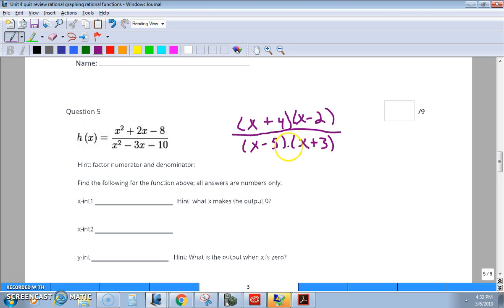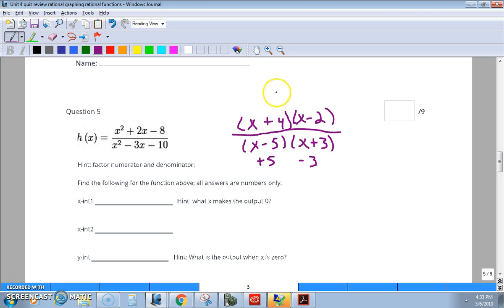Oh, I'm sorry, I'm finding my vertical asymptotes. My vertical asymptotes are going to be x is +5, because that makes that 0, and x is -3. So those are my two vertical asymptotes.